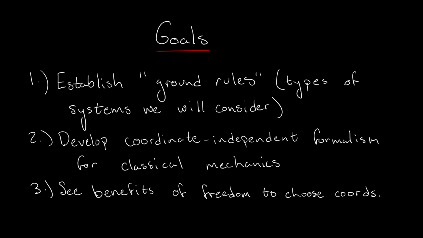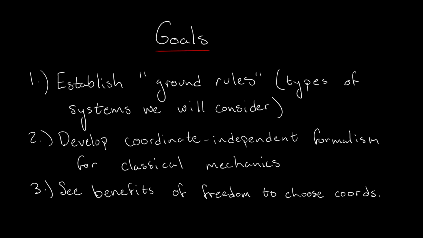Up to this point we've dealt a lot with Newtonian mechanics, and it's good and it works, but it's somewhat limited in its structure, in that it's very dependent on the types of coordinates that we use. So what I want to do moving forward is start developing a system of classical physics, which will allow us to move away from this coordinate dependence.